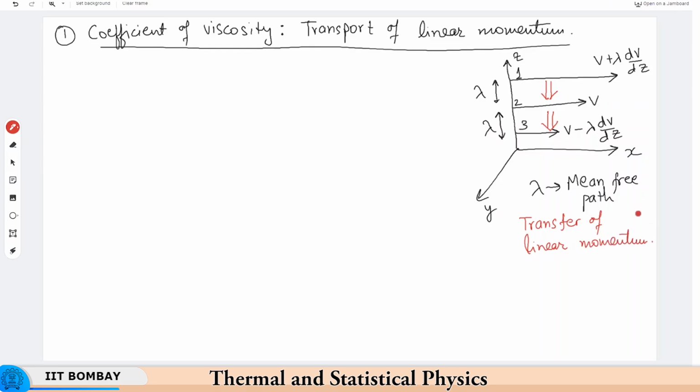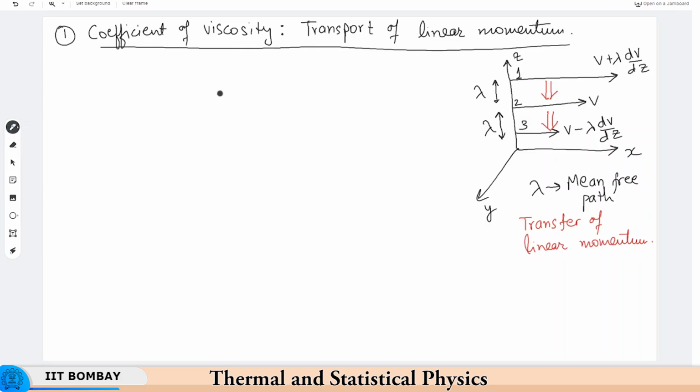Right. Because say you drive the system, it will tend to achieve another equilibrium state where the velocities are again evenly distributed, and that will only happen when there is a net transport of linear momentum along the z axis, right. Okay. So, basically maybe I can write a few things.